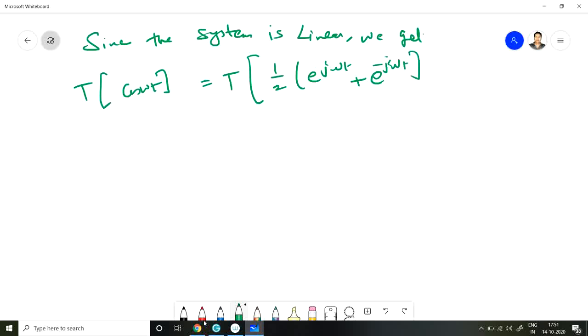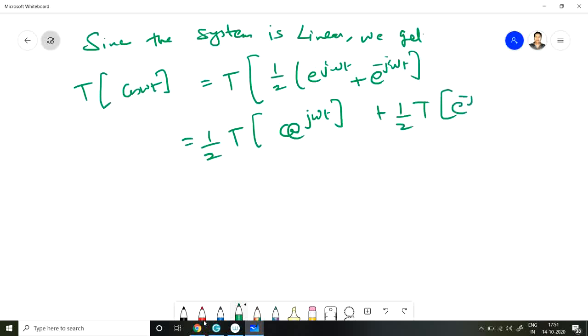So what we will get here is half, inside the system we have e raised to the power j omega t, plus half, inside the system we have e raised to the power minus j omega t.